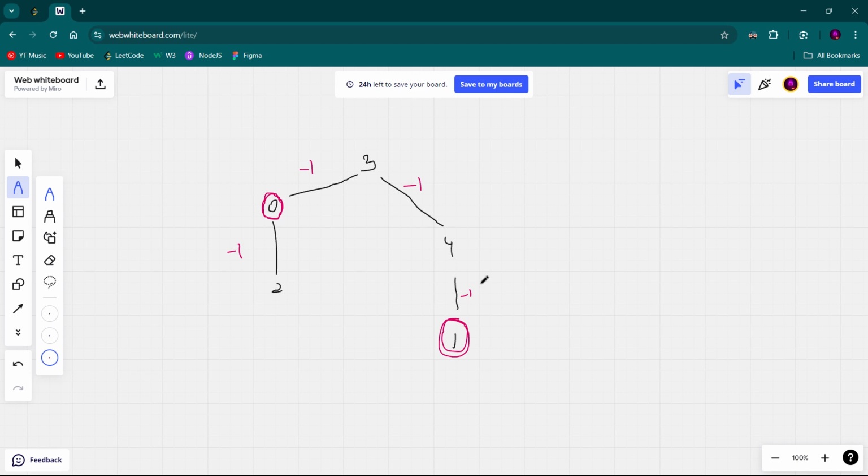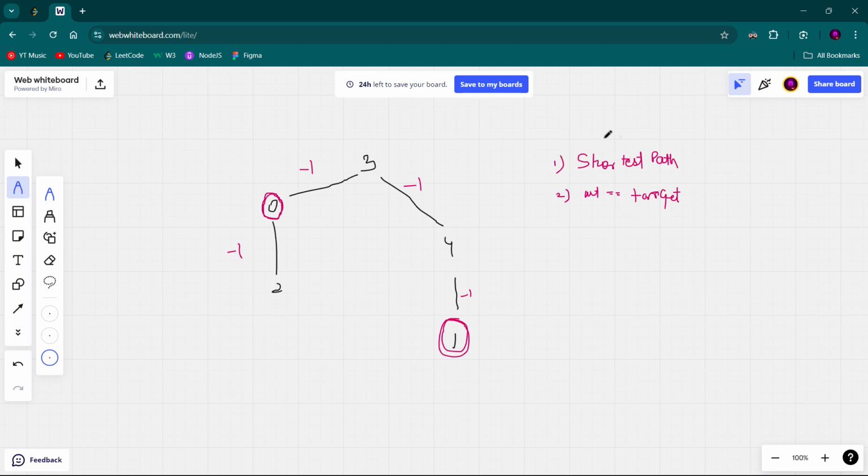So what this question is saying is I have to find the shortest path to reach here, and that path weight should be equal to the target. This is the true problem.